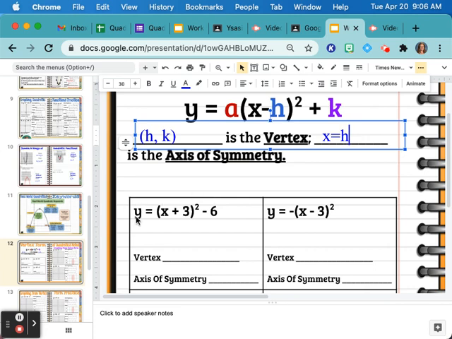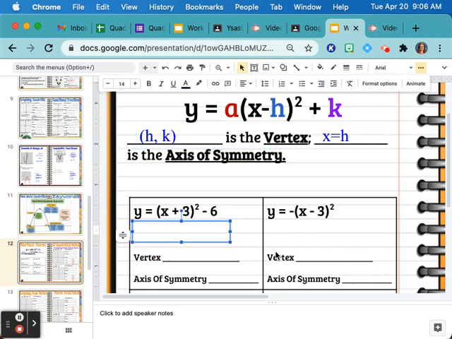So we'll look at our first example. y equals (x plus 3) squared minus 6. On each of these, I'm going to make a text box. And right underneath, I'm going to write the standard vertex form, or the vertex form.